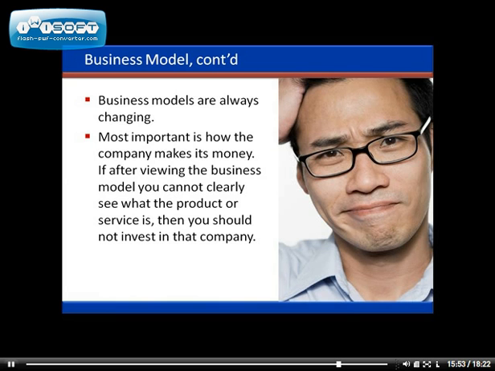A good example of that is Facebook. When Facebook originally came about, they had a strong membership base. However, they didn't have any type of business model or strategy in place to monetize the traffic. Facebook was just a membership community, with a bunch of members that weren't really spending money.